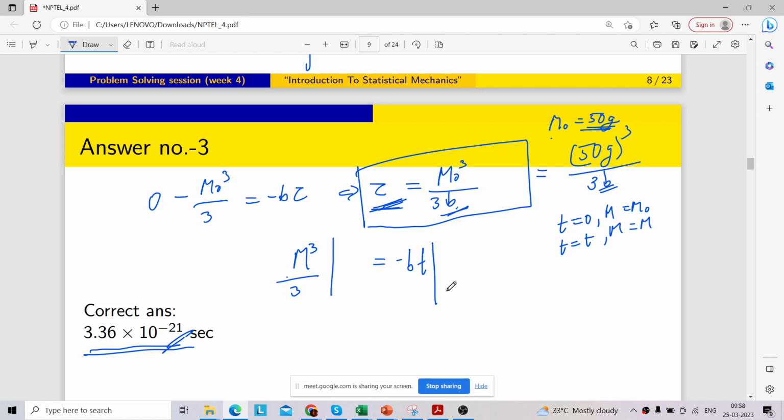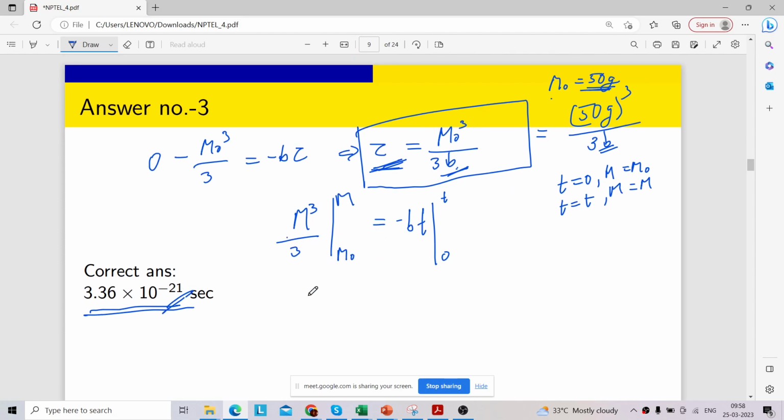So time goes from 0 to t and mass goes from m0 to m. In this case I can put the limits. So this will be m cube over 3 minus m0 cube over 3, and this will be minus b t.